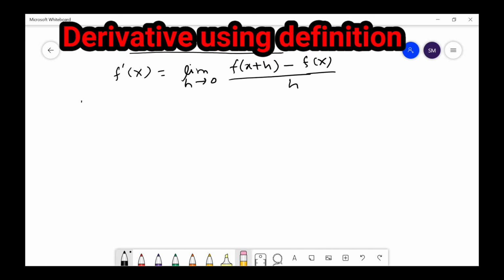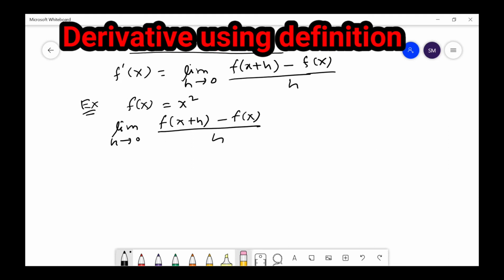So first example, we will take f of x is equal to x square. To find the derivative for this function, we have limit h tends to 0 of f of x plus h minus f of x over h.